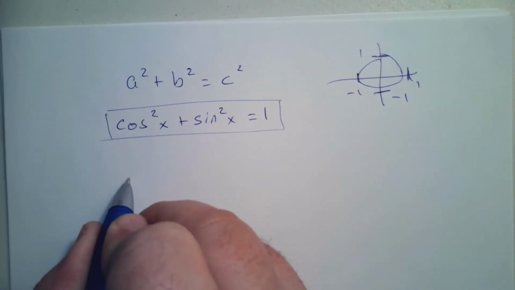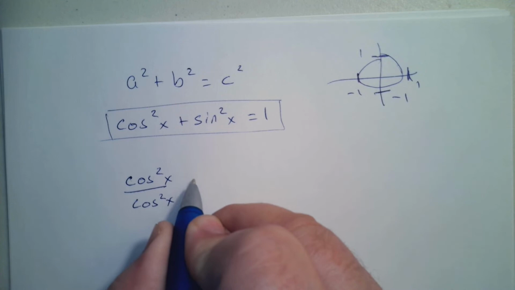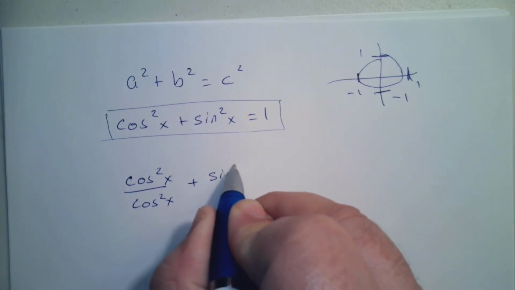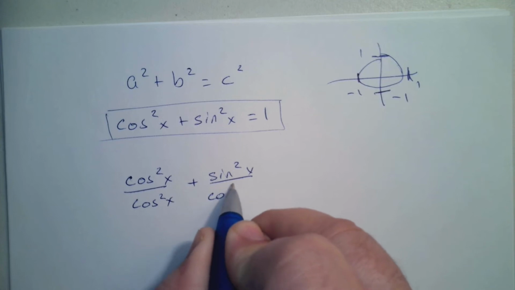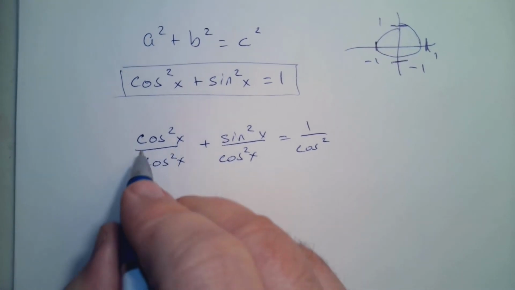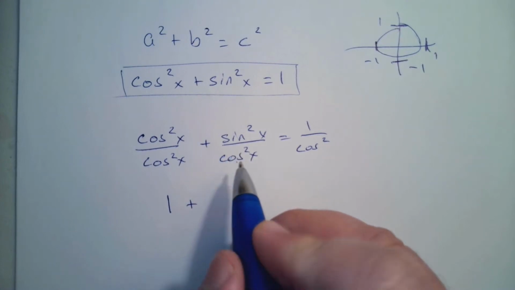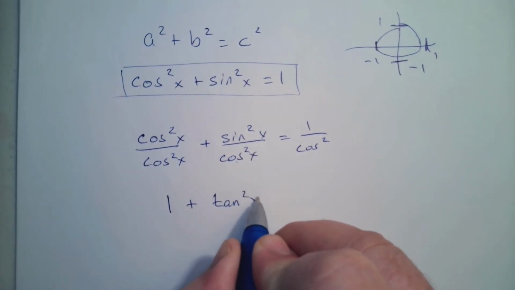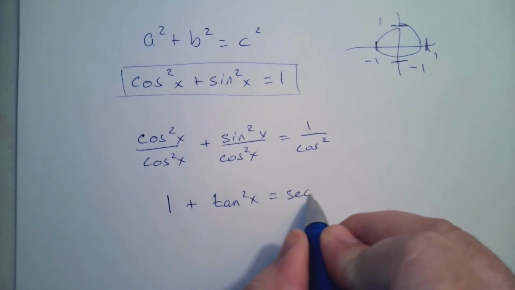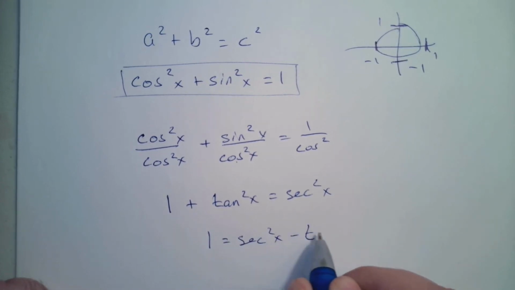So what if we divide everybody by cosine squared? Cosine over cosine is 1. Sine over cosine is tangent. 1 over cosine is secant. So secant squared minus tangent squared is 1.